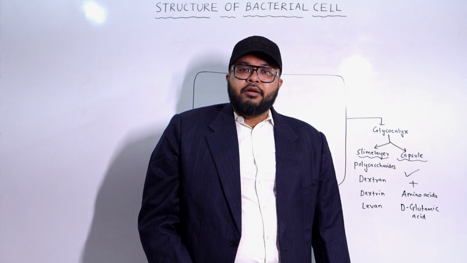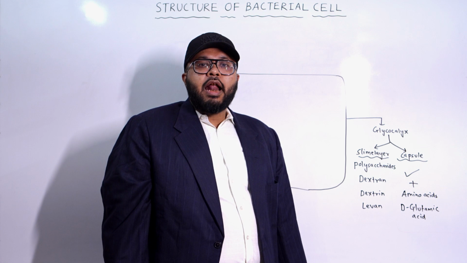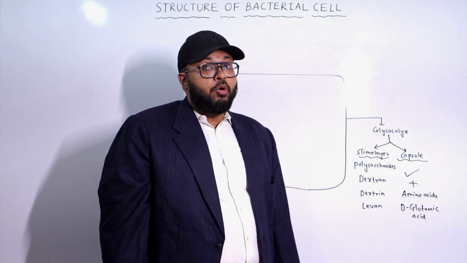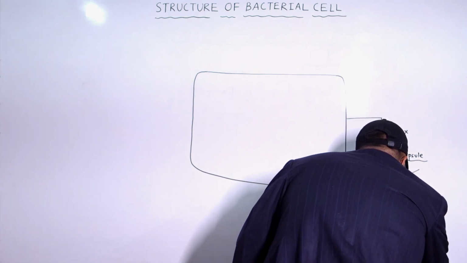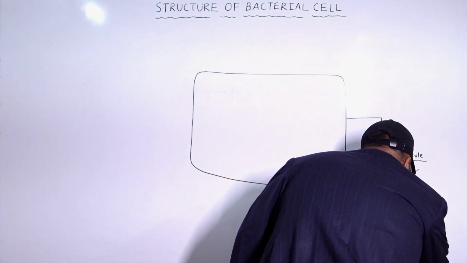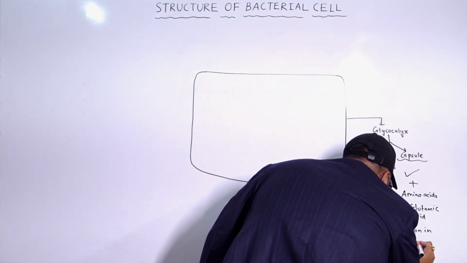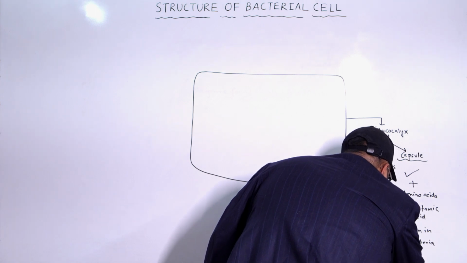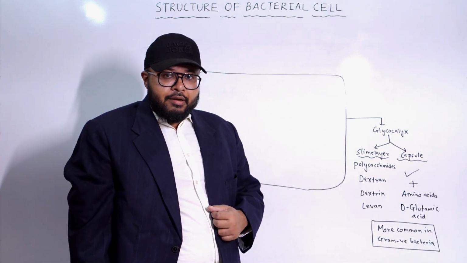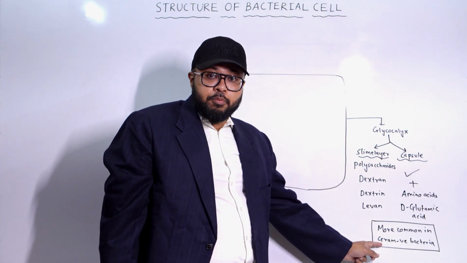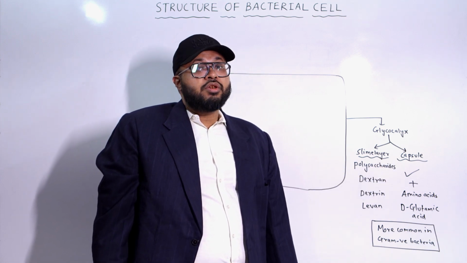Please keep this in mind that this capsulated condition is more common in gram-negative bacteria than in gram-positive bacteria. Most of the pathogenic bacteria belong to the gram-negative group. This capsule protects the bacteria from the immune system of the host.